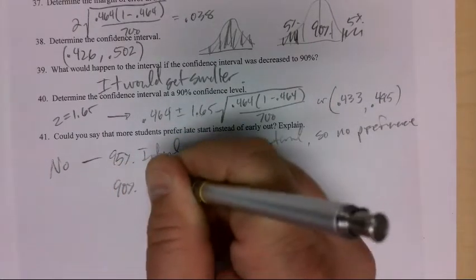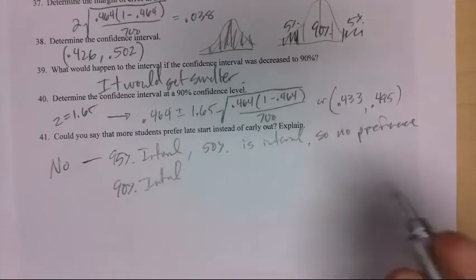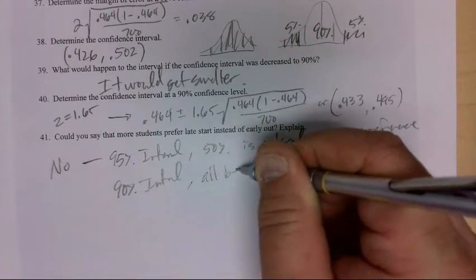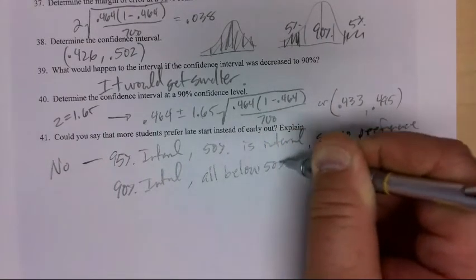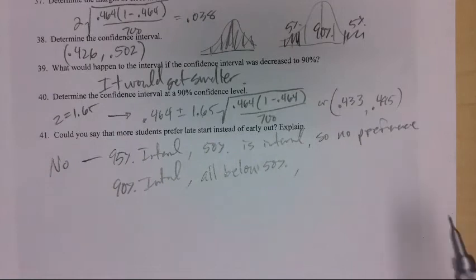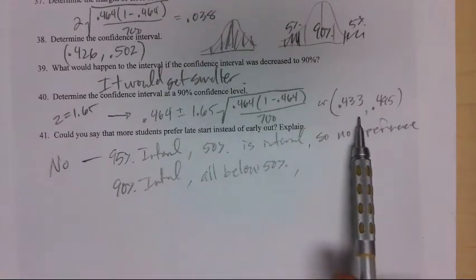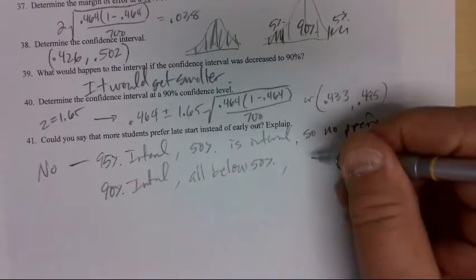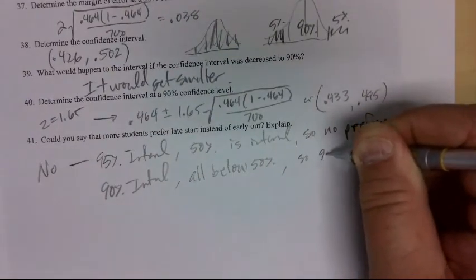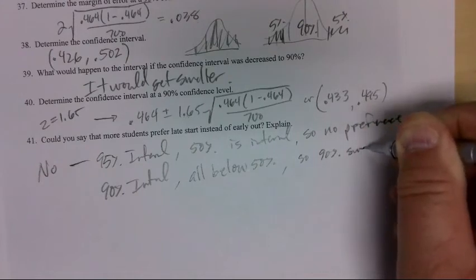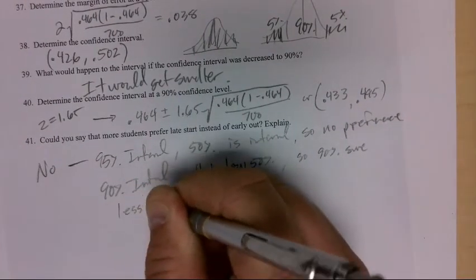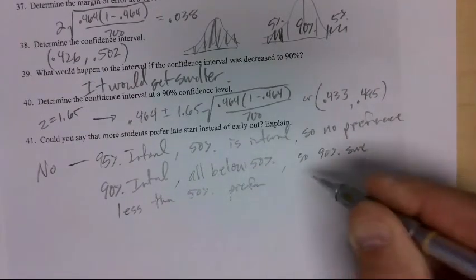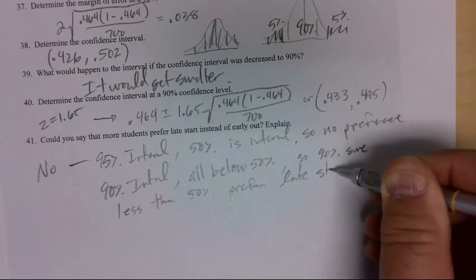With a 90% interval, it's all below the 50%. So what that means is that I'm 90% confident that fewer than 50% prefer late start. 90% sure, less than 50% prefer the late start.